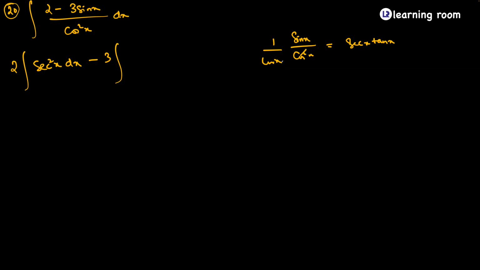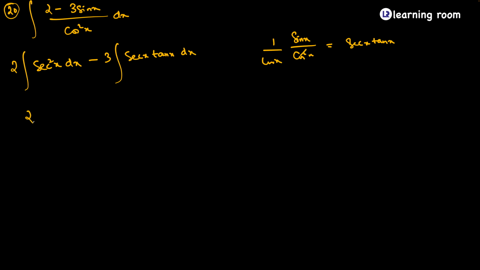I hope you could understand. Previously you had sin x divided by cos square x. This cos square x, I wrote as cos x into cos x. So 1 by cos x is secant x, sin x by cos x is tan x. So you will have the integral of secant x tan x dx.